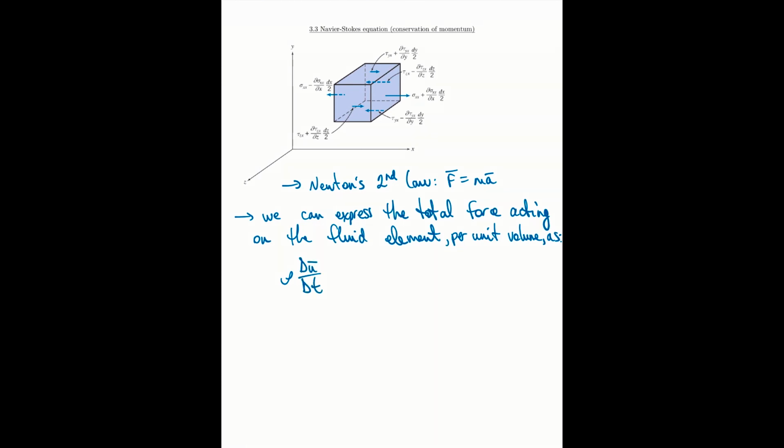And we take care of convective and local acceleration, because the laws of physics apply to mass. So this is the total acceleration of a particle. And then this is going to equal something. And this something, that's what we want.